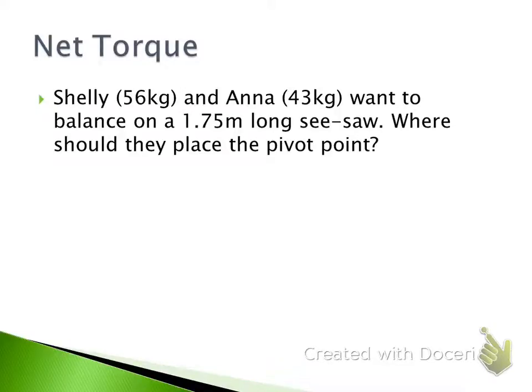They want to balance on a 1.75 meter long seesaw. Where should they place the pivot point? So this allows us to place our pivot point here. We have to decide where the axis is going to sit, which is not realistic in a seesaw, but it happens. That's right.